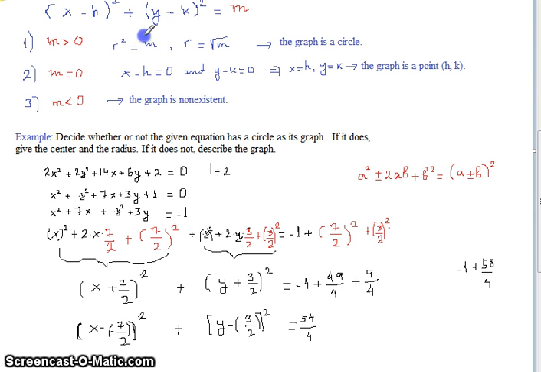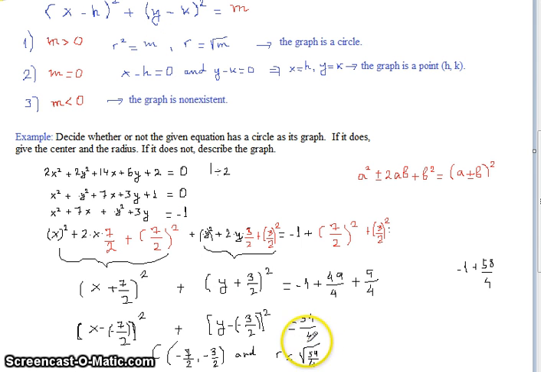So I can use it for a radius of a circle, and this equation will be an equation of a circle, whose center is a point with coordinates negative 7 over 2 and negative 3 over 2. And the radius is square root of this number, square root of 54 over 4.